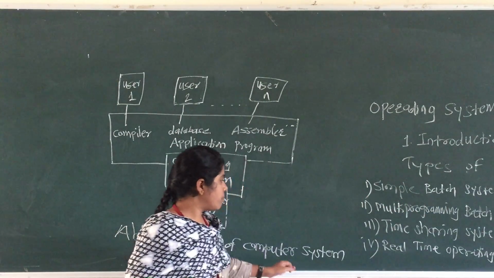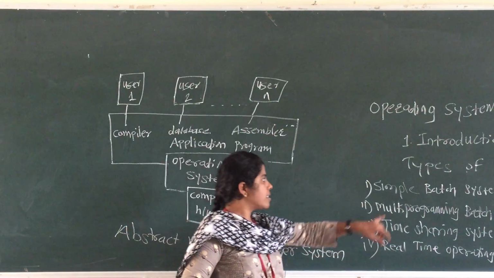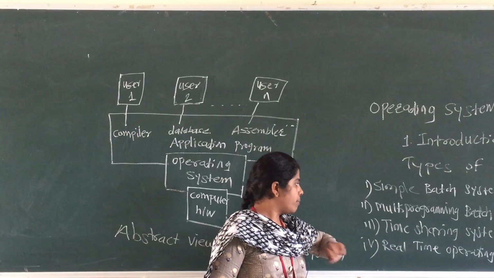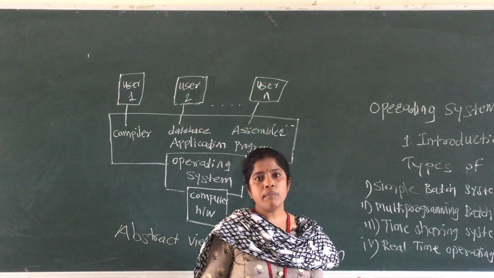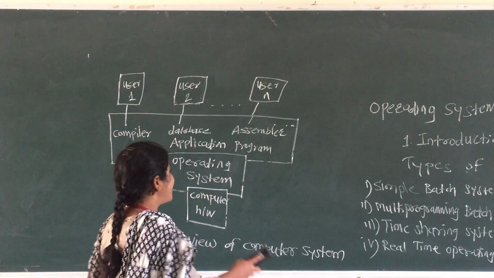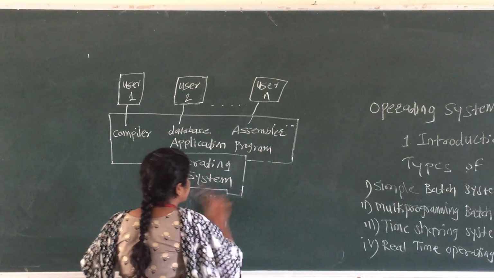So these are some types of operating systems: simple batch system, multi-programming batch system, time sharing system, and real time operating system. We will see them one by one. Very first we will see the simple batch system.